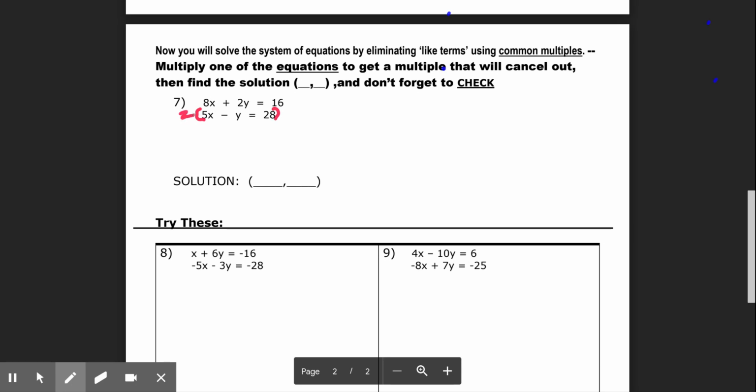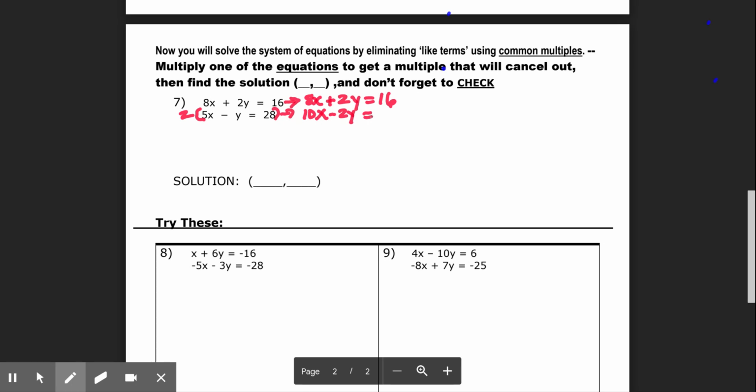All right, so this is what's going to happen. That top equation is going to stay the same. I'm just going to draw an arrow right there. So this is 8x plus 2y equals 16. And then this one, 2 times 5x is 10x. 2 times negative y is negative 2y equals, now here's where a mistake occurs quite a bit.